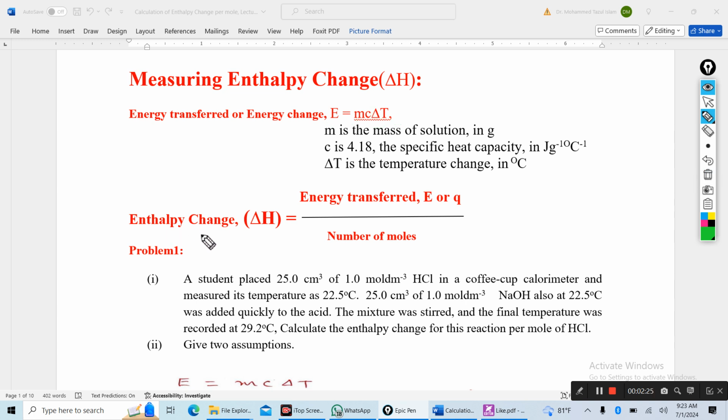And enthalpy change delta H per mole, enthalpy per mole.